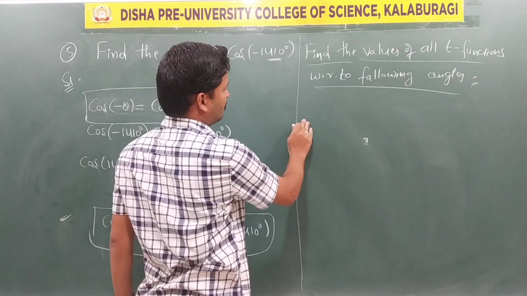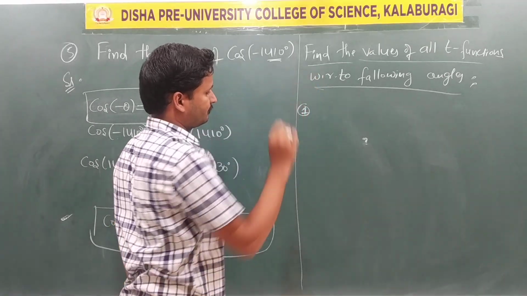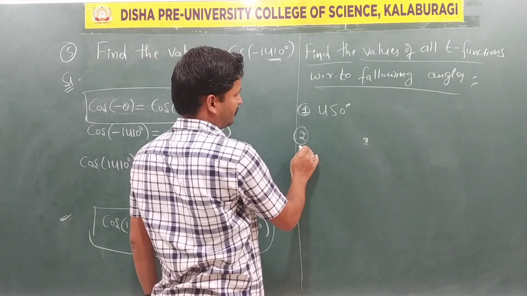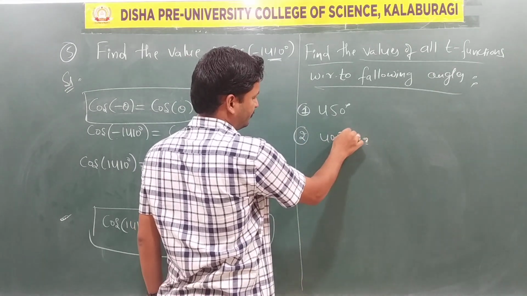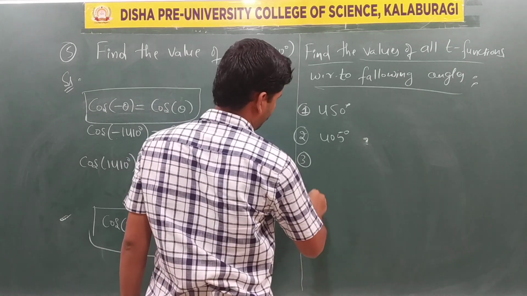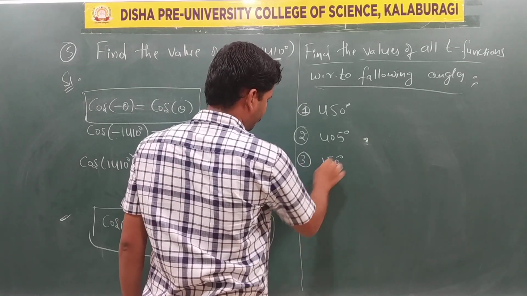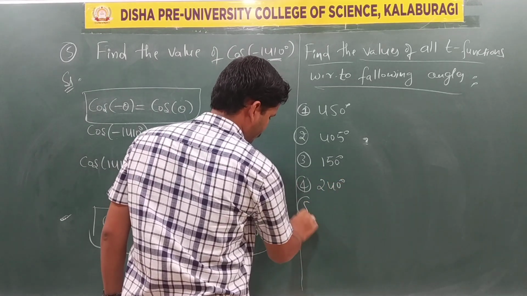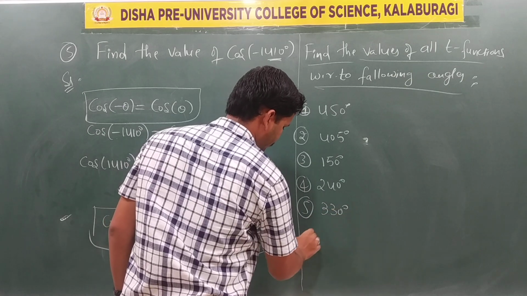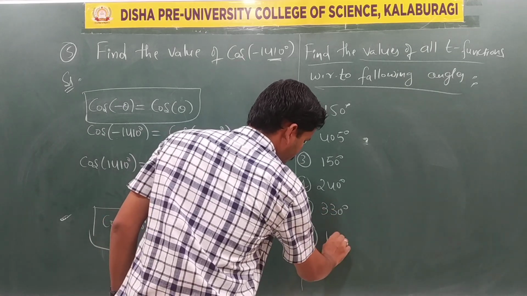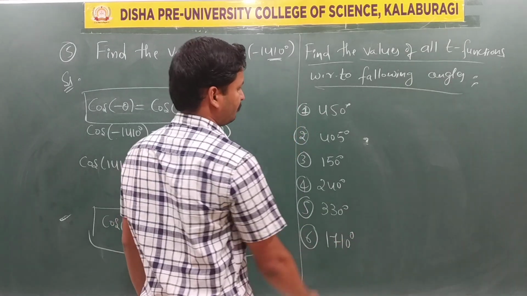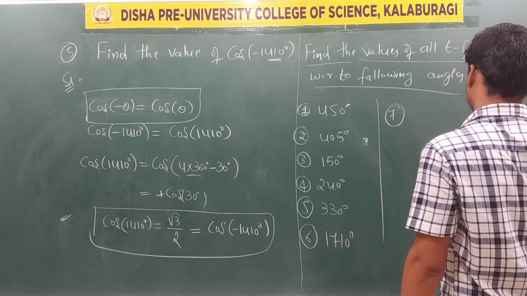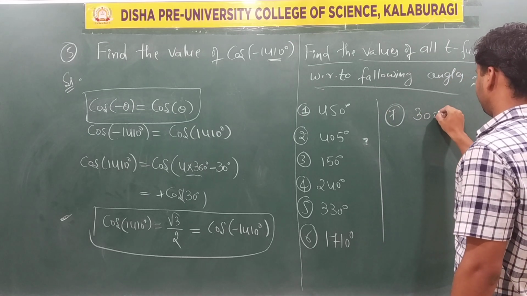So the angles are, take down the homework problems: 450 degree, 405 degree, 150 degree, and the fourth one 240 degree, 330 degree, and the sixth one 1710 degree, and the seventh one 300 degree.